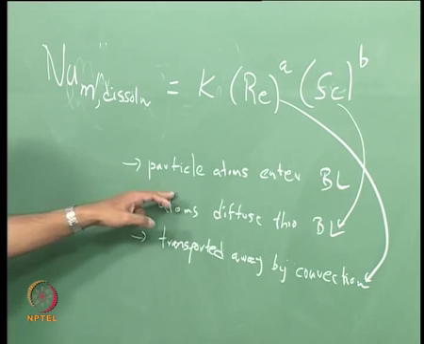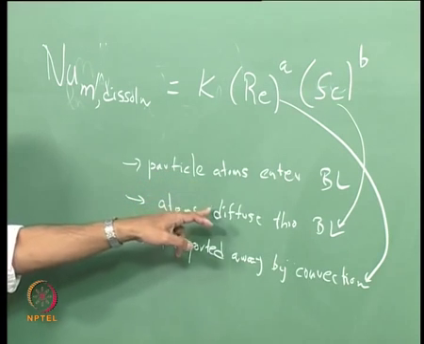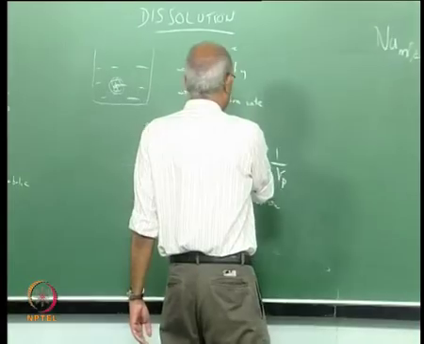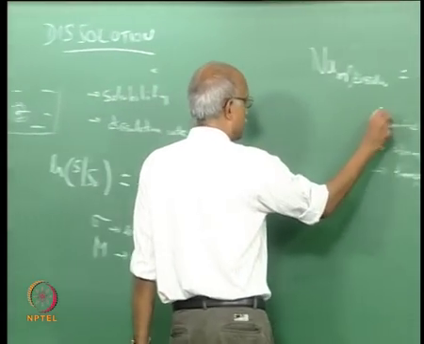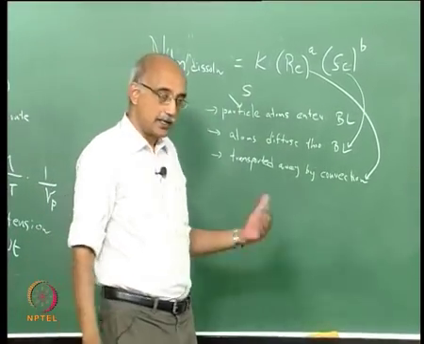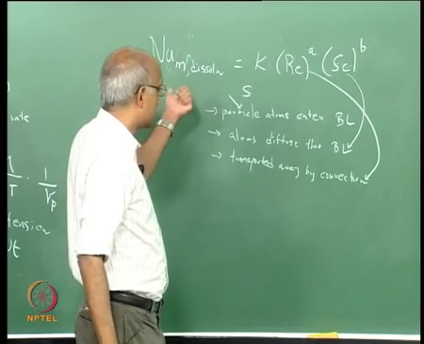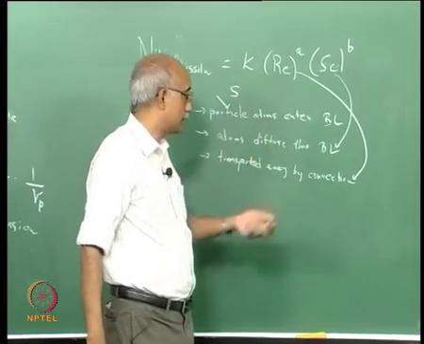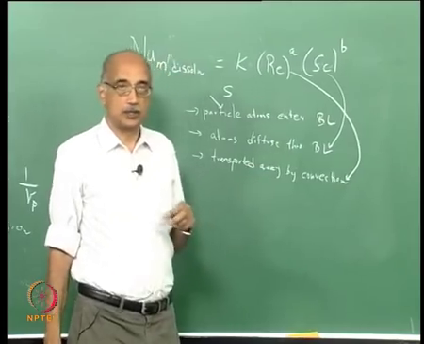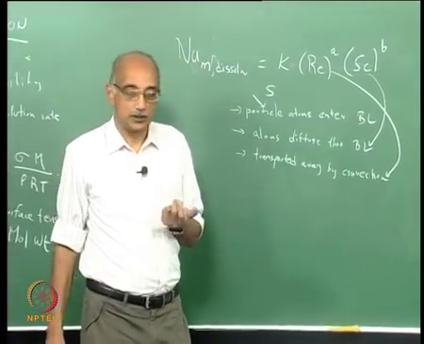And what is the term that controls the first step here, particles entering the boundary layer? That is the solubility term, right. That is why S is important. So, the higher the solubility, the higher is the Nusselt number, the higher the Reynolds number, the higher will be the Nusselt number, and the higher the Schmidt number, the greater will be the Reynolds number.